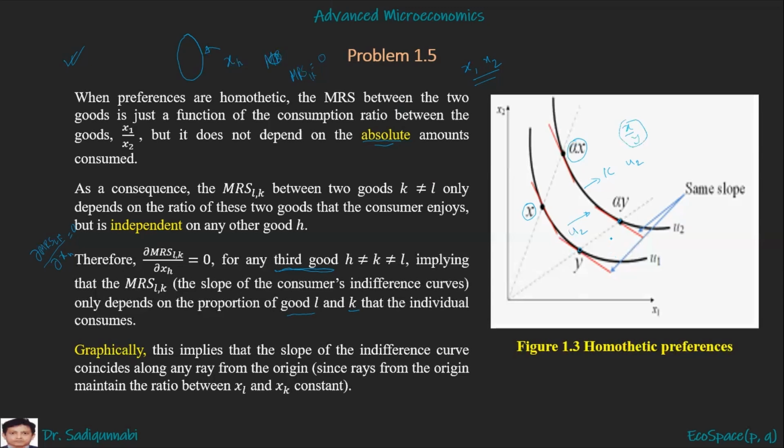So if it is homogeneous, then under a monotonic transformation, whether linear, log linear or natural log, the ratio between the two goods is the same.